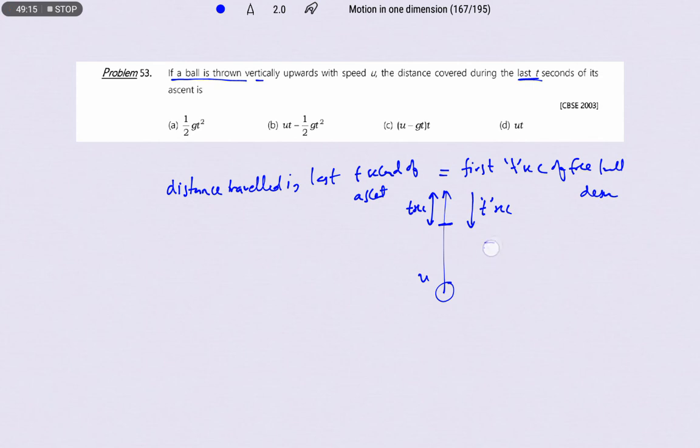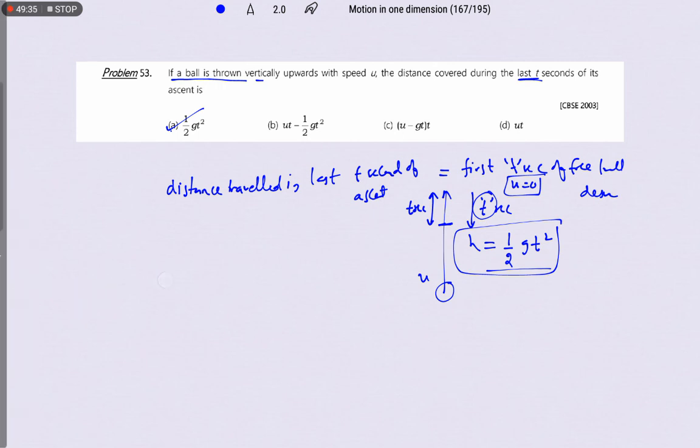Therefore, first t seconds of free fall, nothing but h is equals to half g t square we can write, because the time will be t seconds, free fall initial velocity 0, therefore height is equals to half g t square. So the answer will be half g t square. Right, let us see the next one.